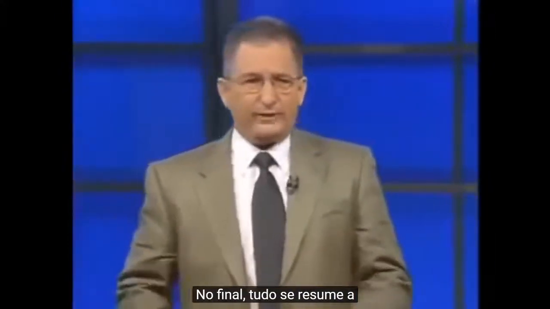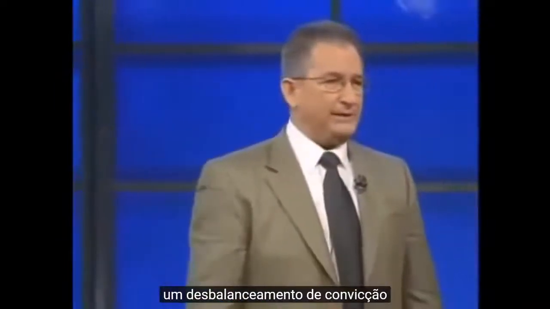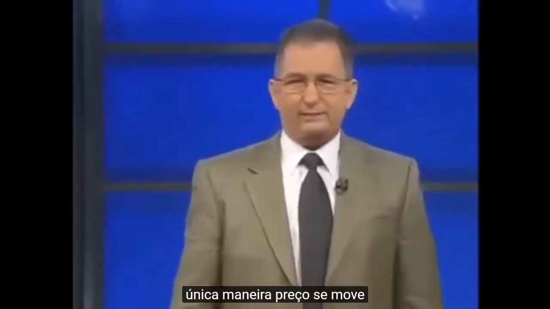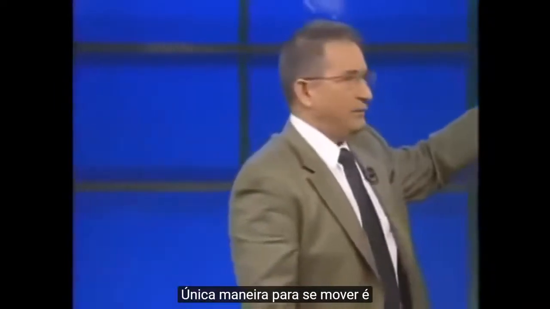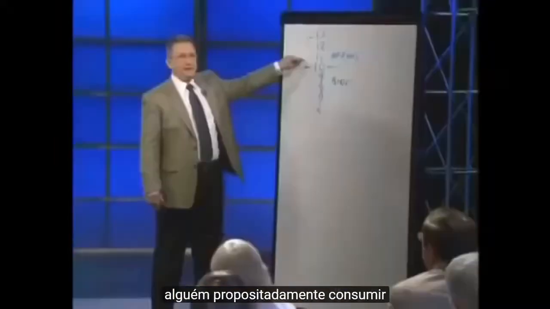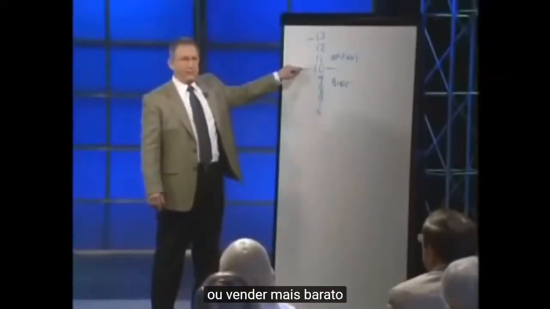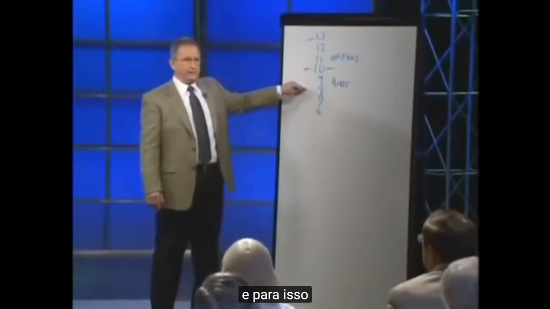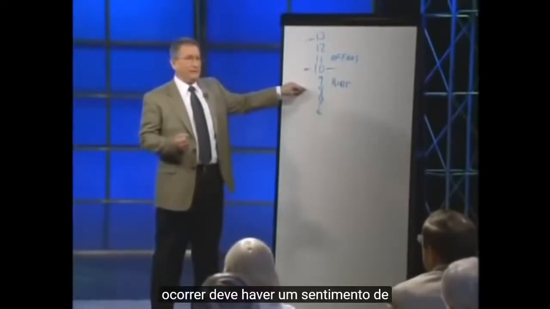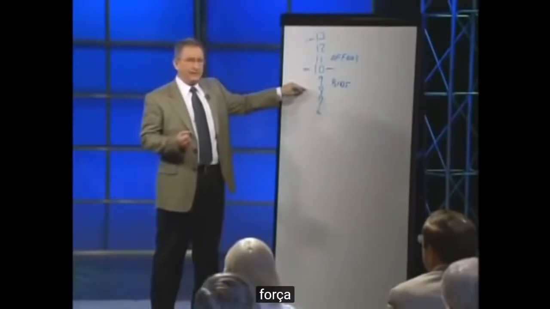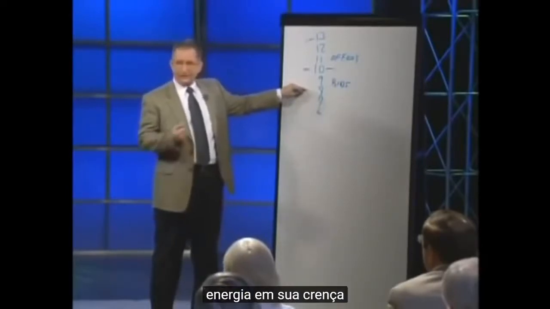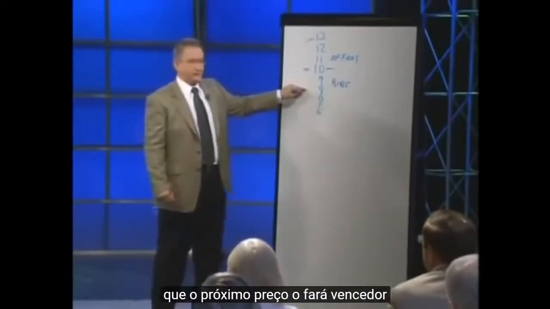Ultimately, it all boils down to an imbalance in conviction. That's the only way prices can move. Because the only way they can move is for someone to actually purposefully bid it up or offer it lower. And for them to do it, there has to be a sense of strength, of energy, in their belief that the next tick is going to make them a winner.